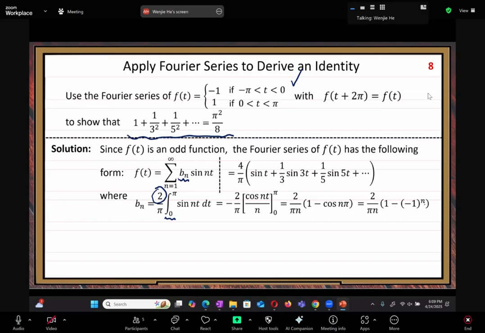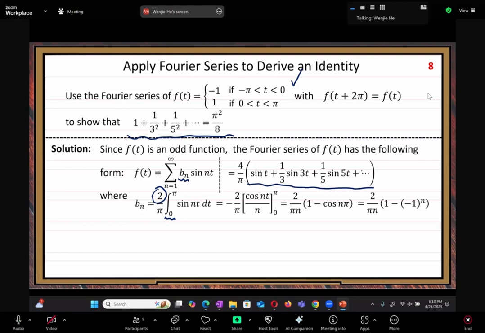Look at that: when n is even, it's 0. When n is odd, it's 4 over pi times 1 over n. So you can see that for all even n, the coefficients are all 0, all gone. So you only write the odd part.